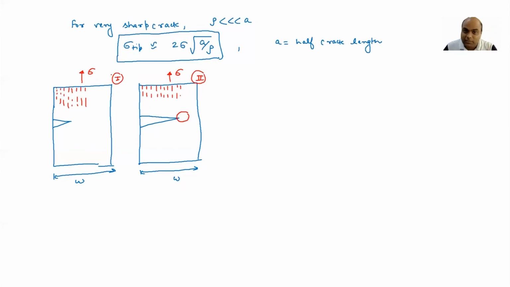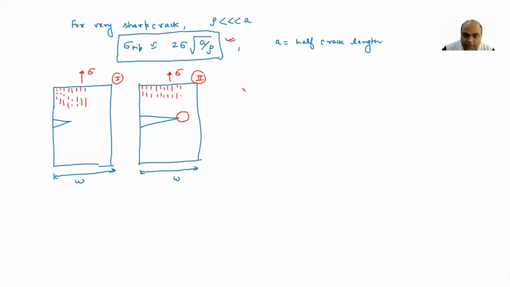What Inglis did is he gave a formula, right? Which is 2 sigma root over A by rho. So now you understand the qualitative way of understanding with respect to the line of forces as well as the quantitative way of stress concentration given by Inglis. Okay.